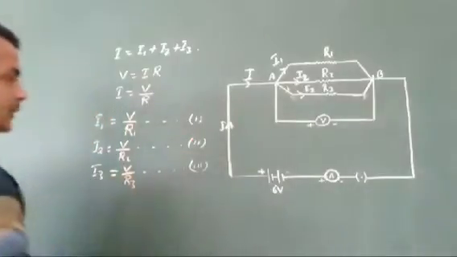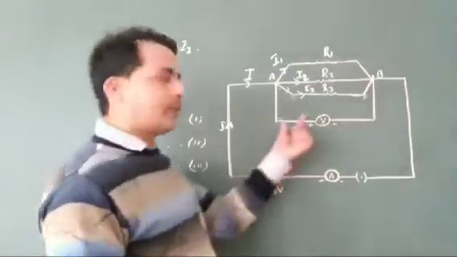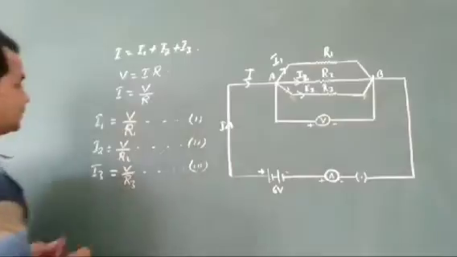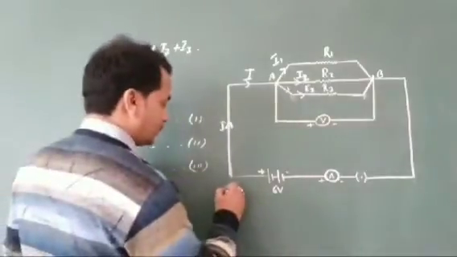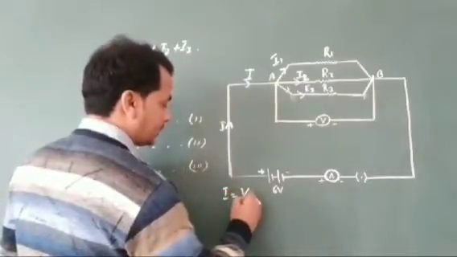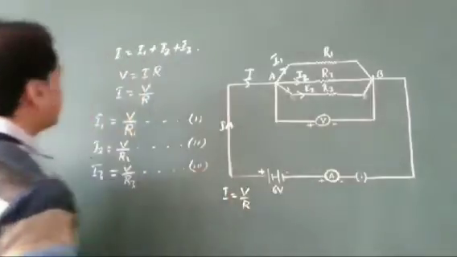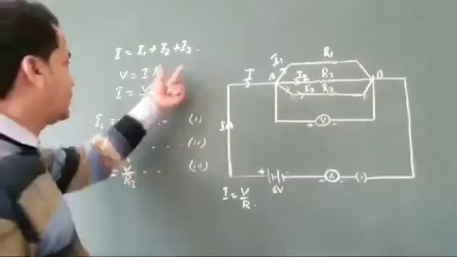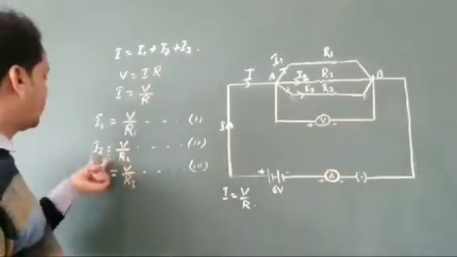Here the potential difference is V and the equivalent resistance is R, then current I equals V by R. So the net current is I equal to I1 plus I2 plus I3, and put the values of I1, I2 and I3 here.